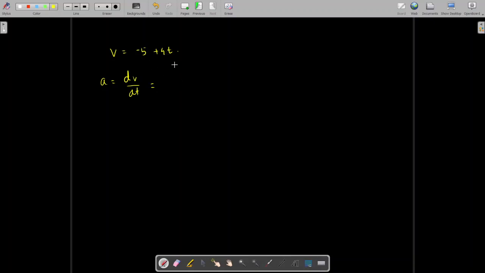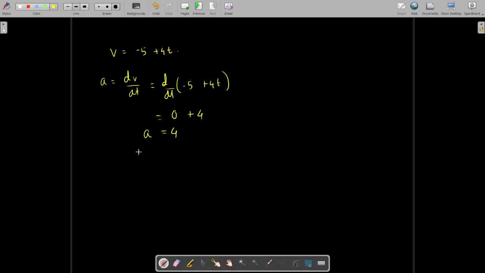If you differentiate it, now you can directly say the answer, right? d/dt of minus 5 plus 4t. Minus 5 is a constant, so it will become 0. And for 4t you get directly 4, because dt by dt is 1. Okay, so your answer is 4.